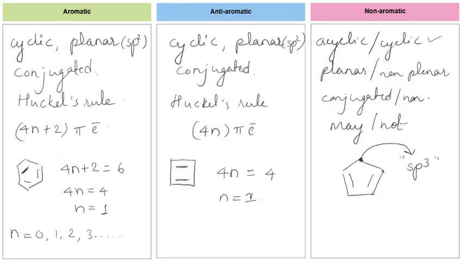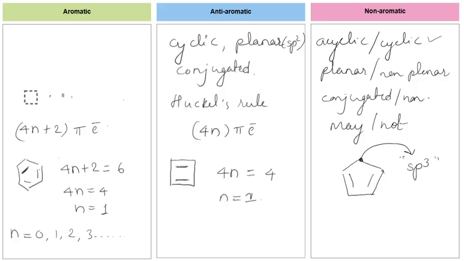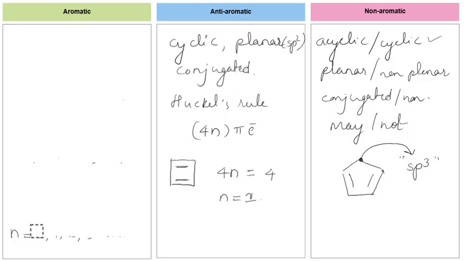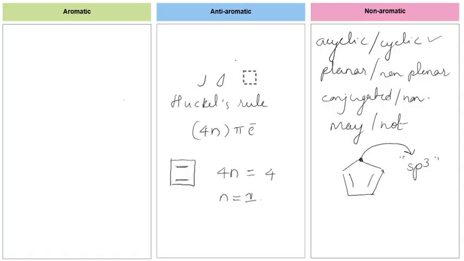Now, why do we have to do all this? Why is this important? Students, remember the reactions of the molecules. The reactivity of the molecules depends upon the nature they have. Their physical properties and chemical properties also depend on the aromaticity of the molecules. The reason is aromatic molecules are more stable than non-aromatic molecules, which are more stable than anti-aromatic molecules.